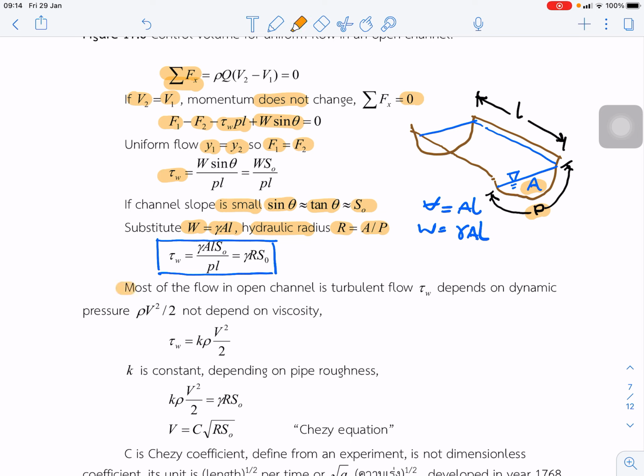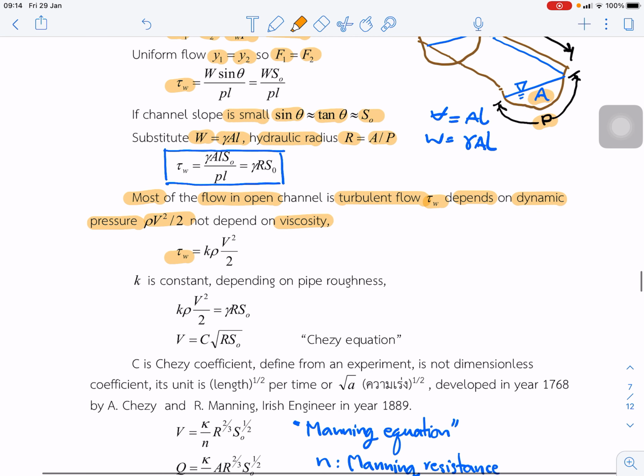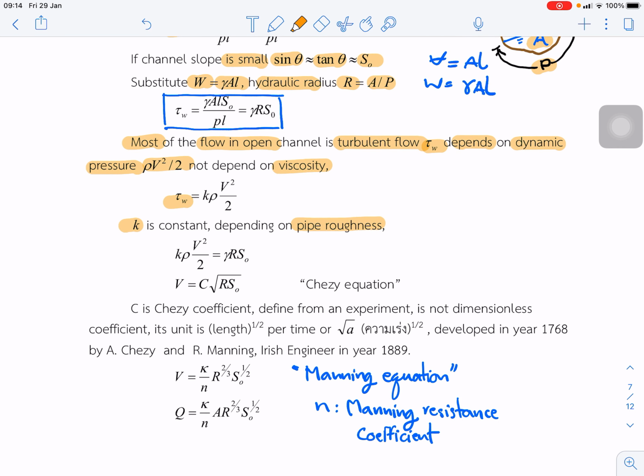Next, most of the flow in open channel flow is turbulent flow. Shear stress depends on the dynamic pressure, rho v square over 2g, not on the viscosity. So that is another term for the wall shear stress. If we make K a constant, depending on the pipe roughness, and we equate the two wall shear stresses, we can come up with the Chezy equation.